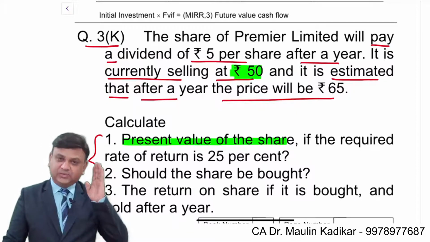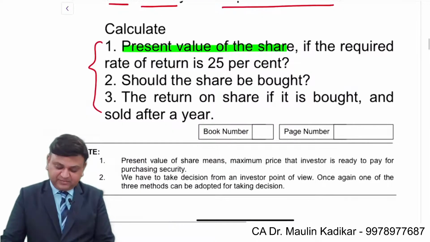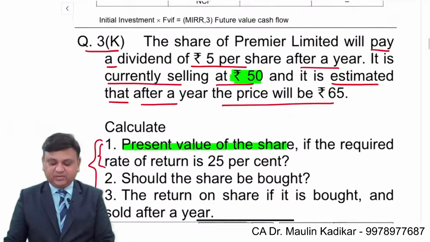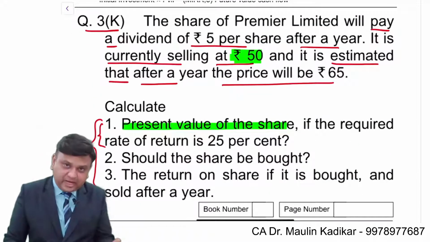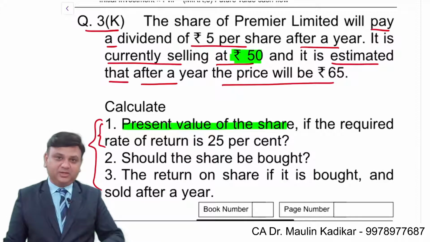The current price which is given to us in the question is the price prevailing in the secondary market. And the price that we are required to compute here indicates the maximum price that you are ready to pay for the security today based on the future cash flows. This is what we are required to calculate over here.